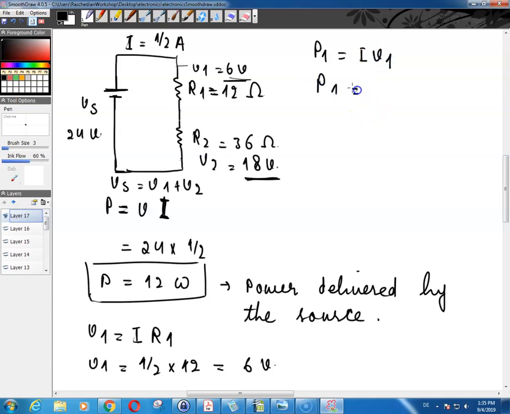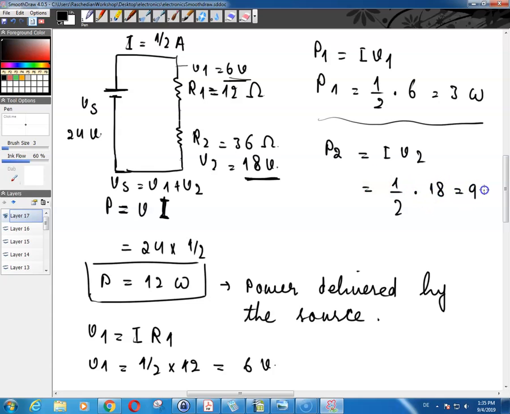So P1 is equal to 1/2 times 6, which is equal to 3 watts. And by the same logic, P2 is equal to I times V2, which is equal to 1/2 times 18, which is equal to 9 watts. Now 9 plus 3, as you can see, is equal to 12 watts. So then basically 3 watts, 9 watts, and 12 watts.